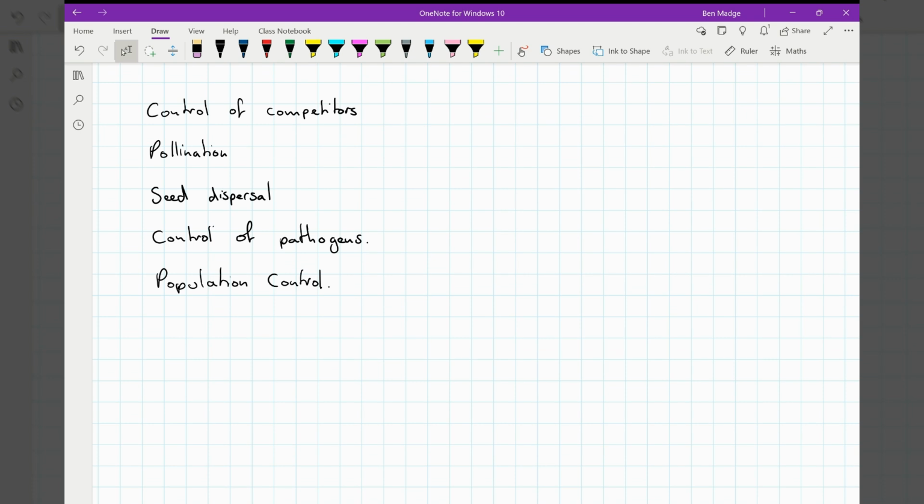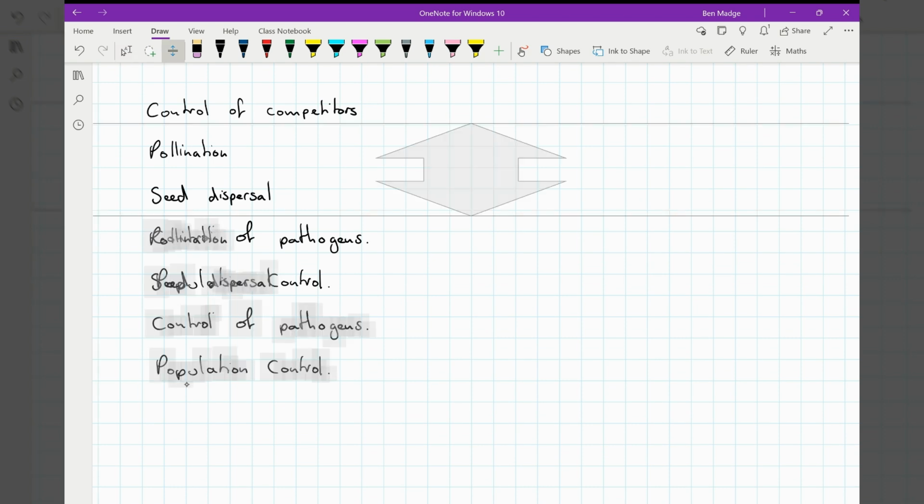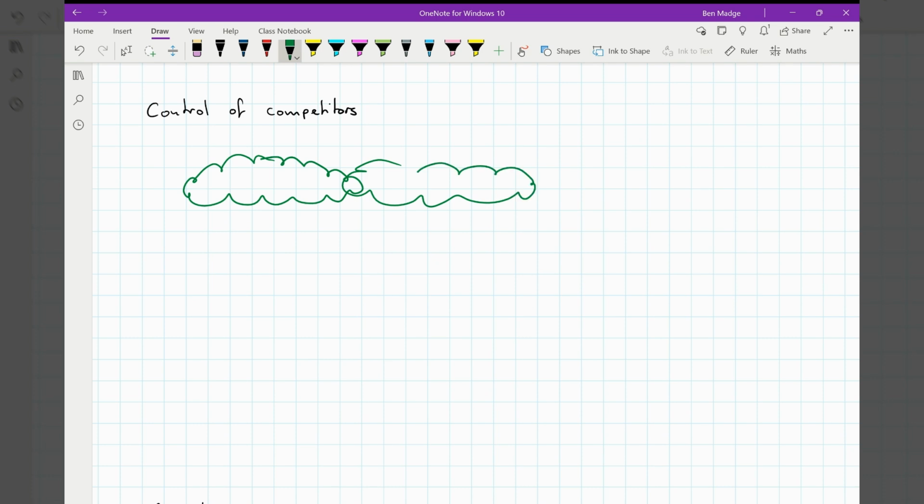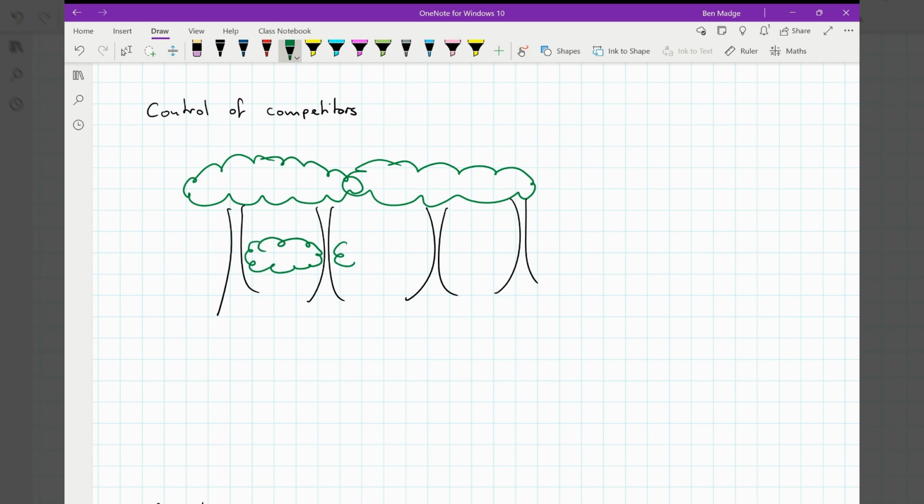Control of competitors. So we might be looking at removing or controlling a competitor. So an example of this is rhododendrons in UK woodland, and these are an introduced species of plant that the Victorians introduced, and it's an evergreen, and it grows in sort of a low shrub.